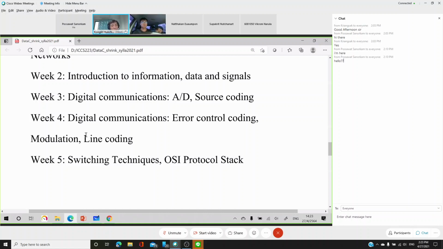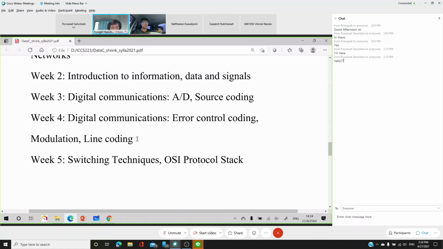You need what we call the carrier, some signal that could carry the voice. So we have a carrier that carries the voice from the source to destination, and the process of mixing the data with the carrier we call modulation.